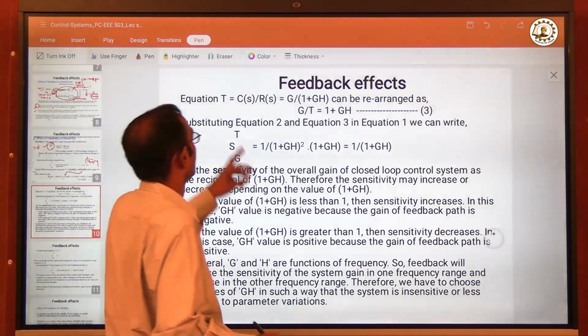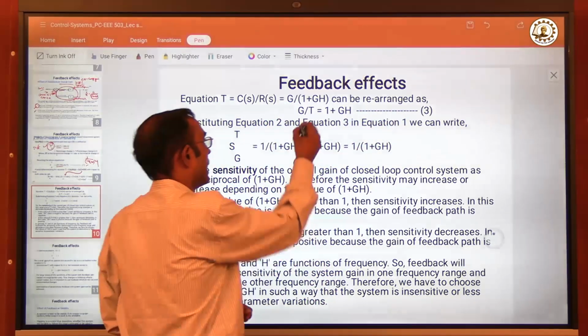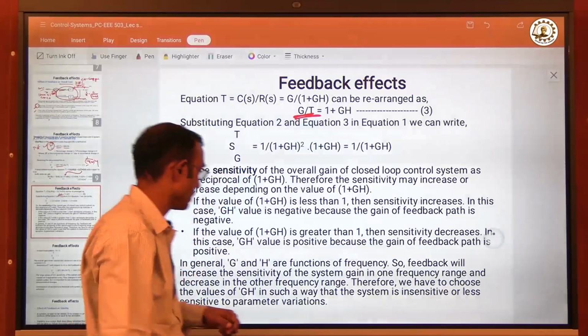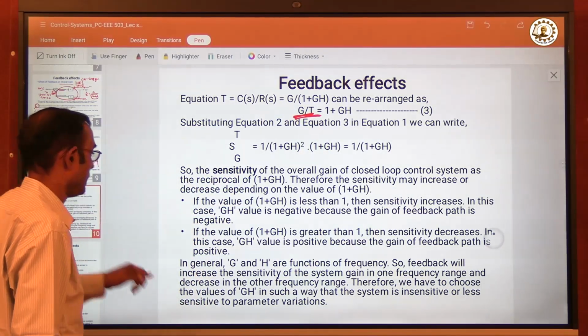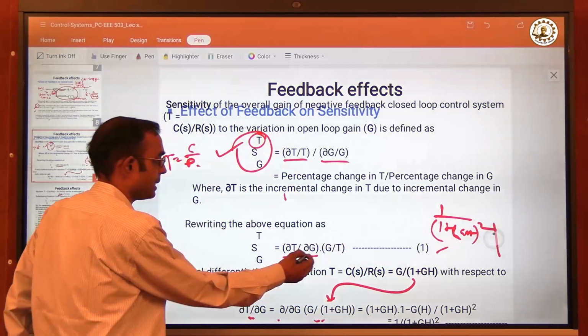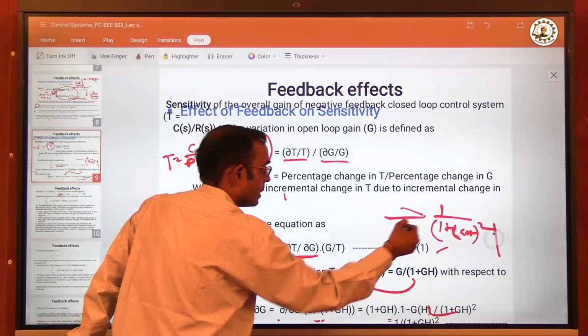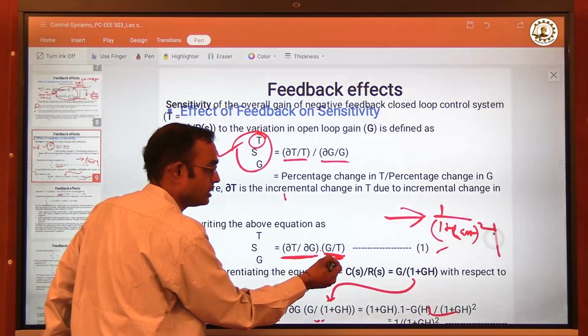Continuing, this equation can now be rearranged to find g by t, because in the last expression in equation 1 we need to find del t by del g, which we have found over here, and we again need to find g by t.